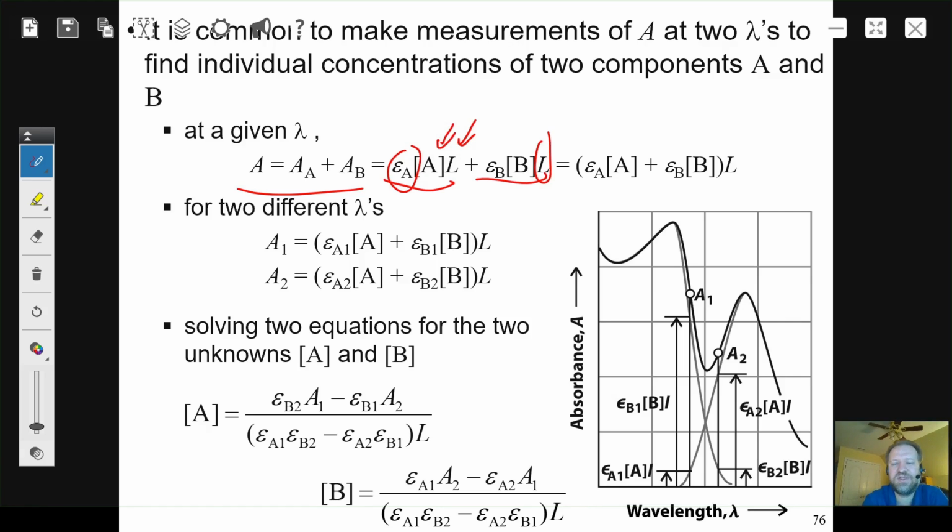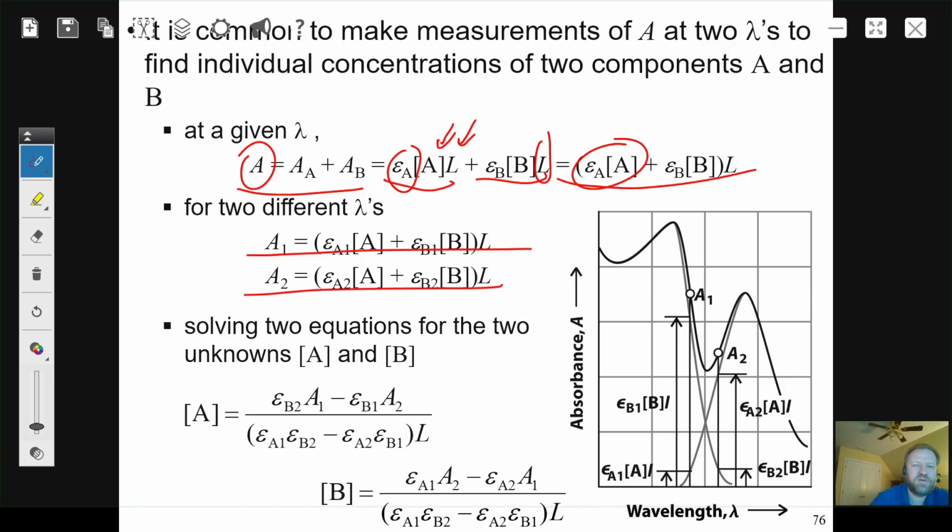Of course, the path length is the same because the reaction mixture is in the same cuvette. So we can simplify that. We can write absorbance as the sum of molar absorption coefficient and concentration for each of the species times the path length. And then you perform this for the two different wavelengths.